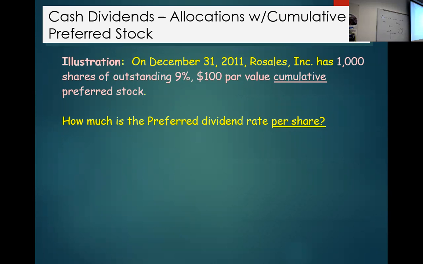Dividends declared, allocated. 500,000 common stock, so 3,000 carried over and so 9,000.